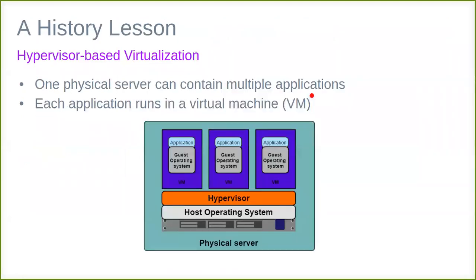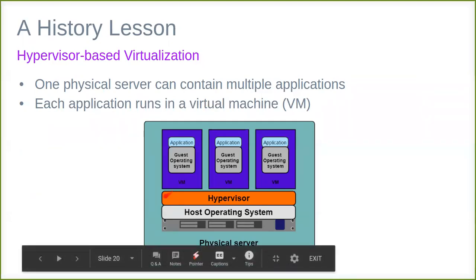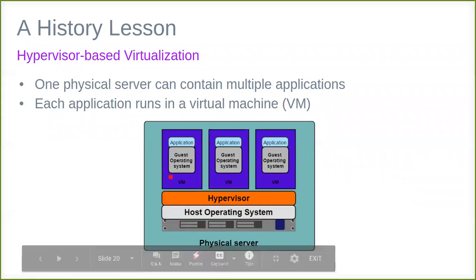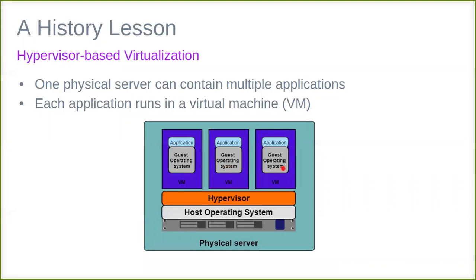That really hurts all developers and software companies: slow deployment. So these are the challenges with a traditional physical system having one OS and one application running on top of it. After this we learned a lesson and introduced a hypervisor in between. The hypervisor allows you to create different VMs on top of one host. So I am using the same physical resource and same host operating system, and with this hypervisor I am using three different virtual machines, which means I can have three different OSs running inside.